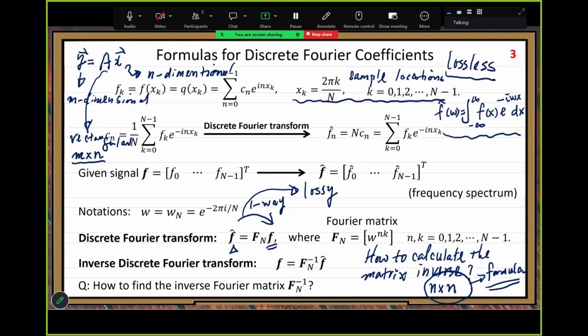So there is a question. Even if we can apply software and programs to do the calculation, still there is the question of how fast you can calculate it, especially when the size of the matrix is very large.